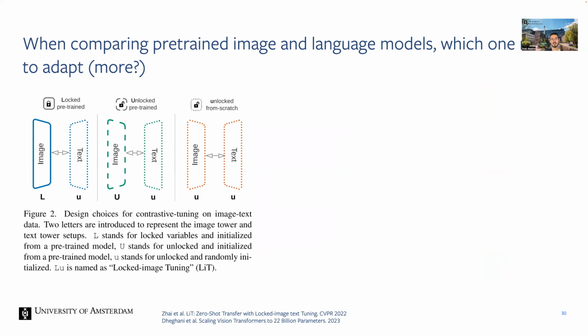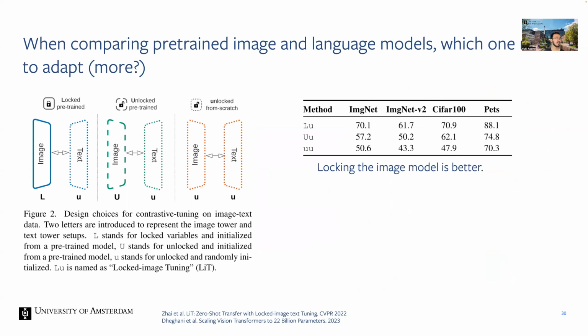And what this paper shows is that you get better performance when you keep an image model frozen than if you train them both from scratch. So this is sort of different from CLIP. CLIP trains the image encoder from scratch. But one caveat here is that they start with very good image encoders, okay? And they use a much not as clean training dataset. So this is very important.